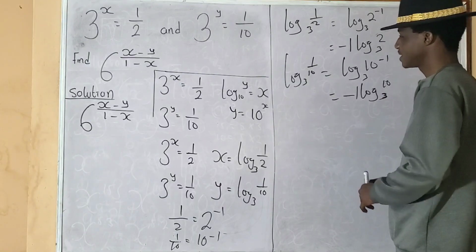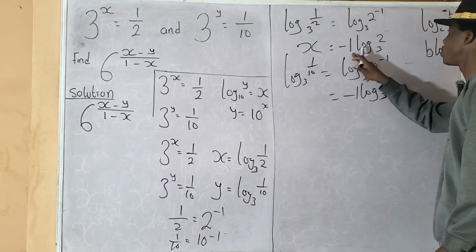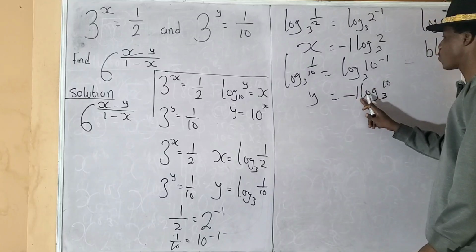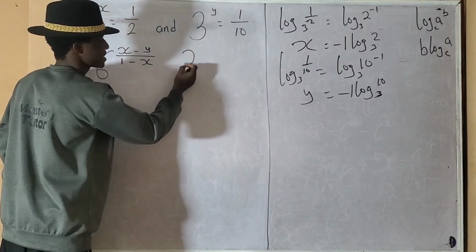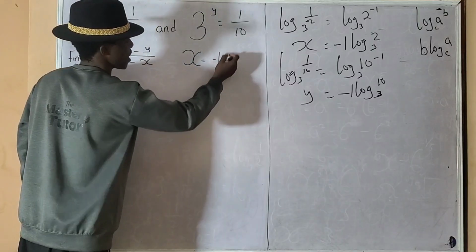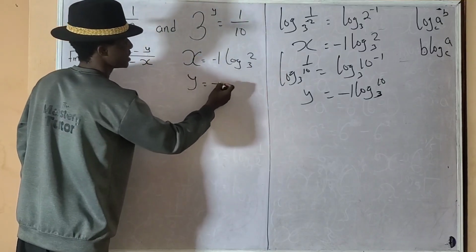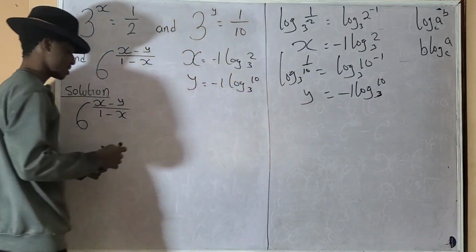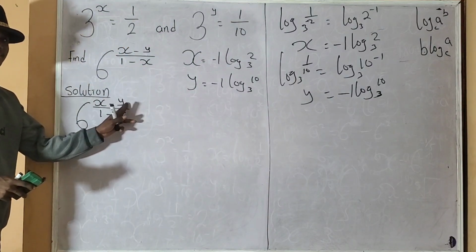So we've obtained the value of x as negative 1 log 2 base 3 and the value of y as negative 1 log 10 base 3. The next step is that we are going to find x minus y.